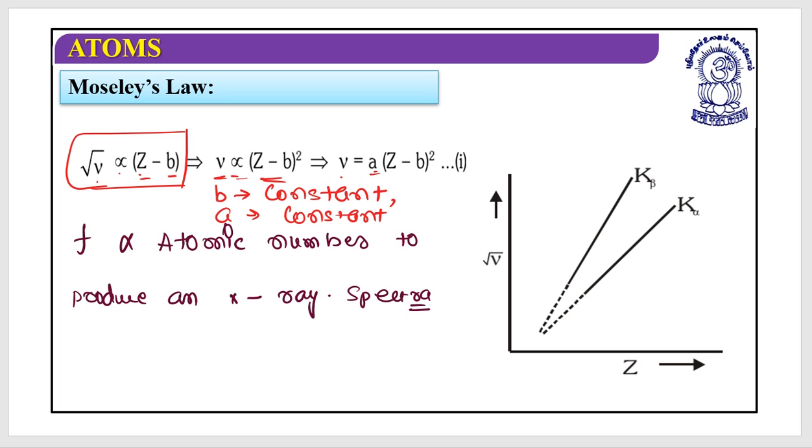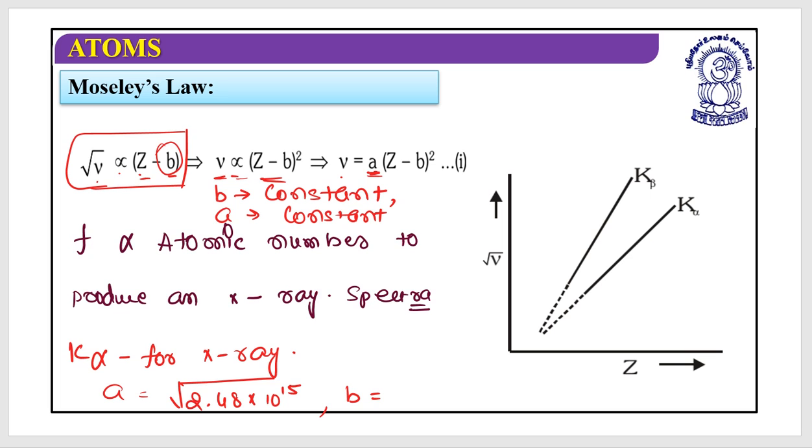If this X-ray spectra is of K alpha X-ray, then a will have the value of root of 2.48 into 10 to the power 15 hertz, and b is equal to 1, if they say that this is the X-ray spectra for the K alpha line.